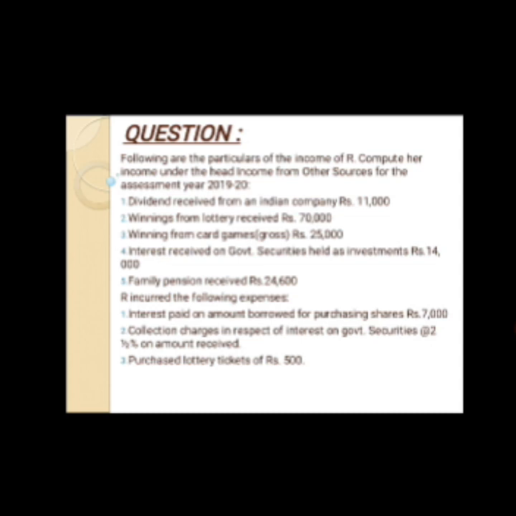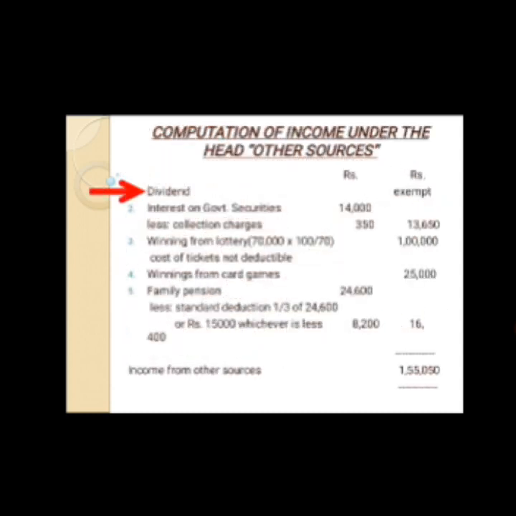Let us discuss its solution. Here, first income source is dividend of rupees 11,000. In the solution, it is exempted because dividend from an Indian company is exempted from tax while calculating income from other sources.